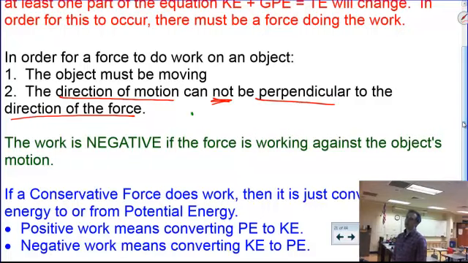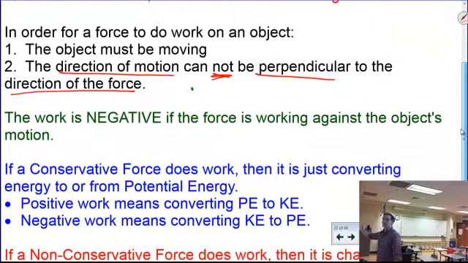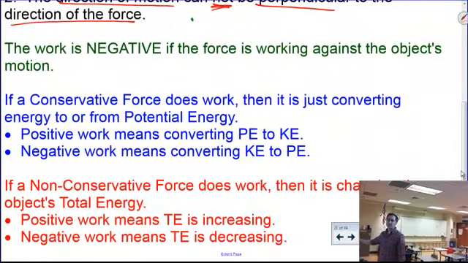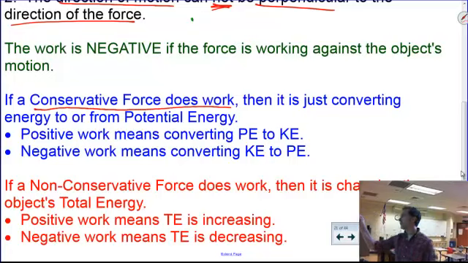That's going to be super important here. It turns out that how the work done by a force changes an object's energy depends on whether or not the force is conservative. Anytime a conservative force does work, all it can do is convert energy to or from potential energy.